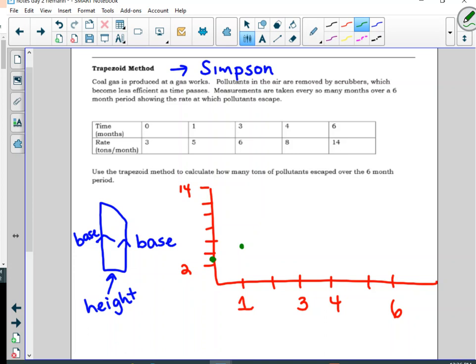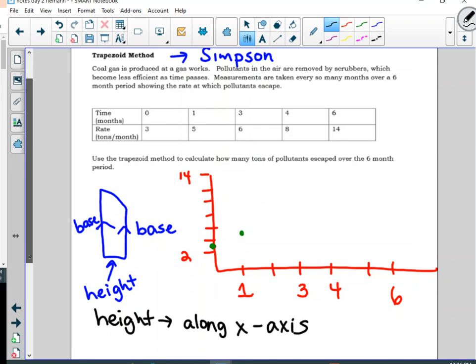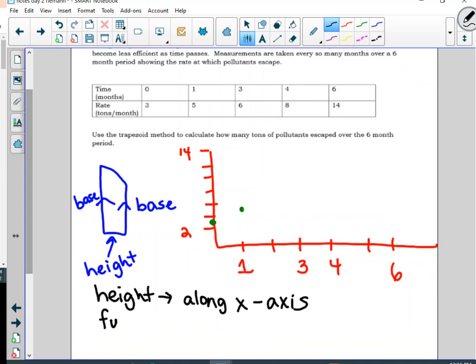So here's what I do with my trapezoids. The height part of the trapezoid is the interval along the x-axis. The y values, the function values, are the bases.